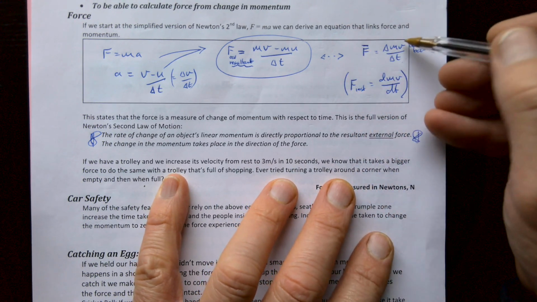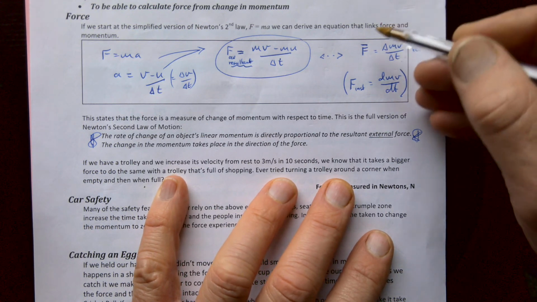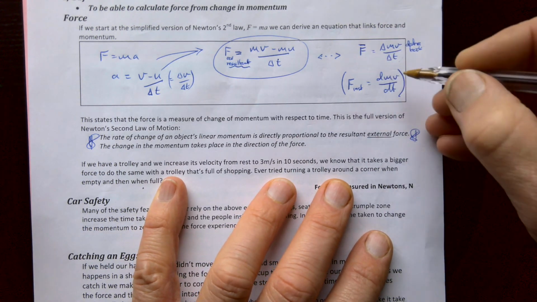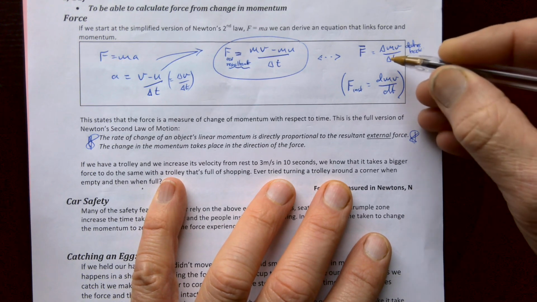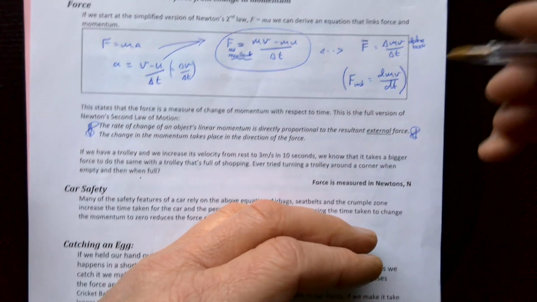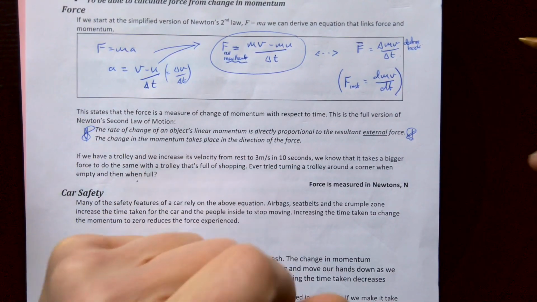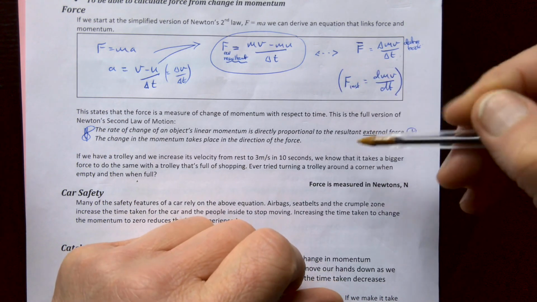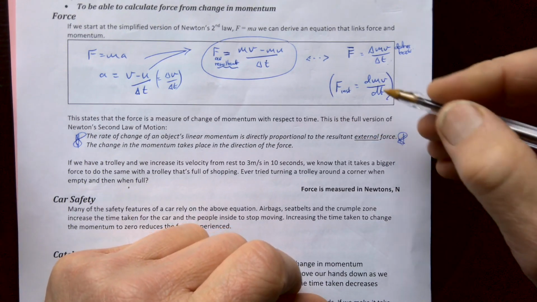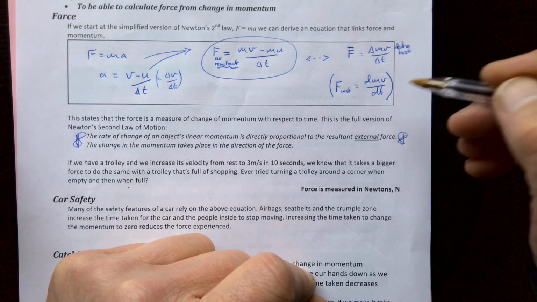But if we are moving at a certain speed and we want to produce as small a force as possible, then we need a really large time. Okay, so for example, climbing ropes are very stretchy, not to absorb energy, although it is an inelastic collision. What happens is it's about increasing the time that the force is exerted for.